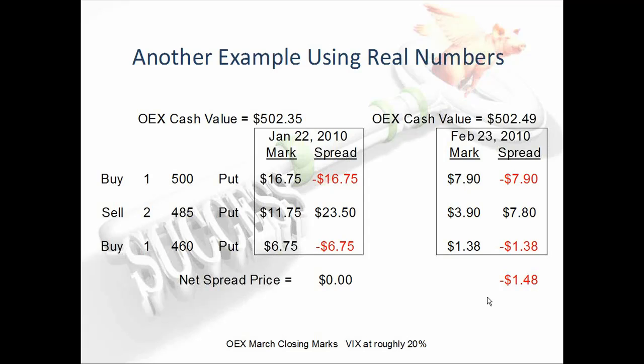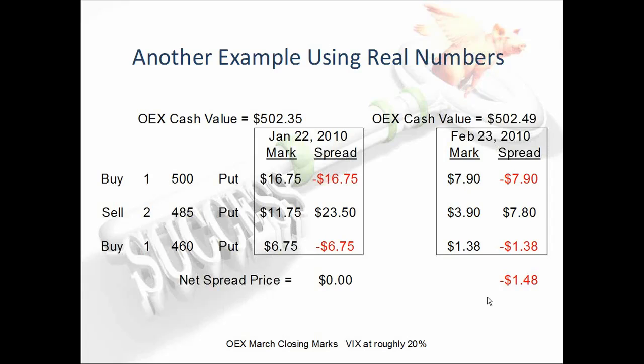Now don't get confused here. This does not mean if you owned the spread, you would have lost $1.48. Again, you have to back up. Anytime things get a little bit confusing in trading, just back up and work it through verbally in your head and say, what would happen if?